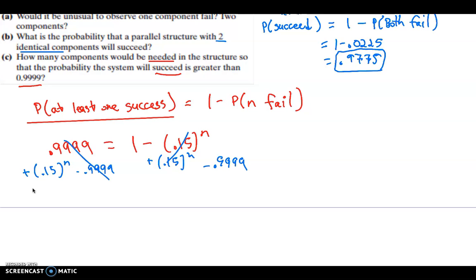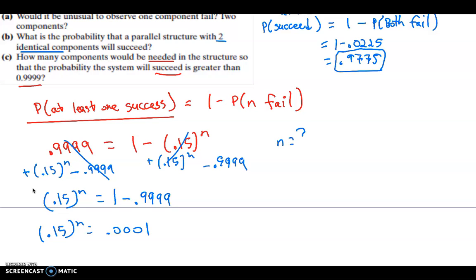So I get 0.15 to the n equals 1 minus 0.9999, or 0.15 to the n equals 0.0001. So now the question is what is n? This is the number of components we need. Well, 0.15 to what power is equal to 0.0001?